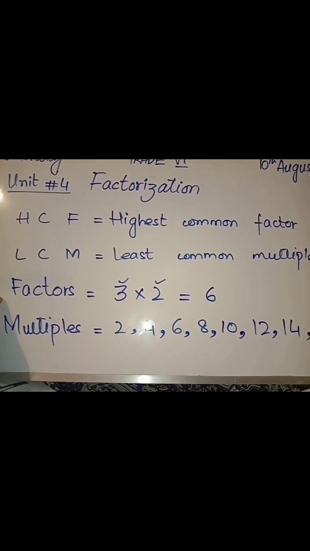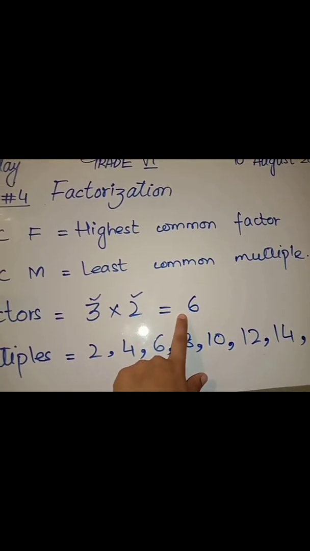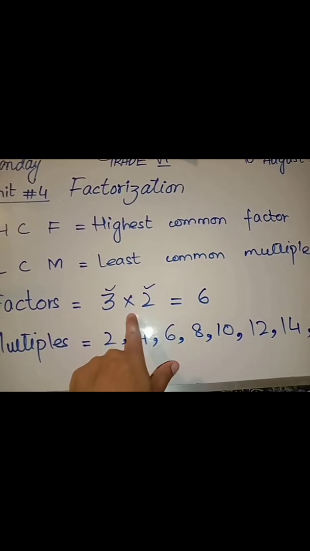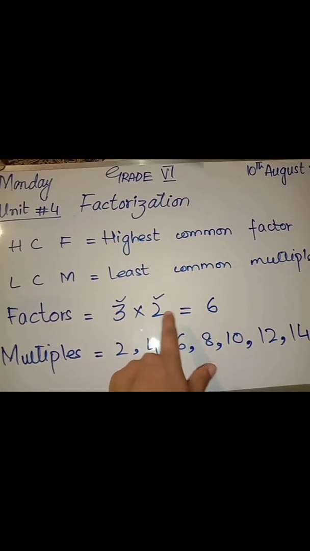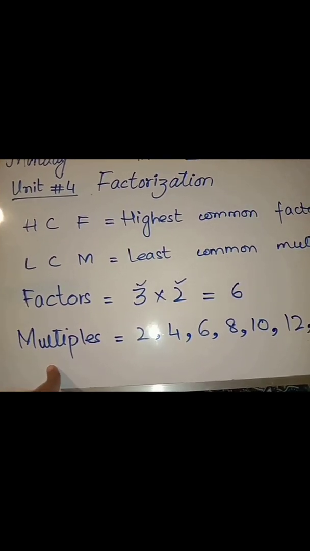Factors are the numbers which combine to make a number. 2 and 3 combine to make 6. So, 2 and 3 are factors on which 6 is dependent. Alright, then what are multiples?